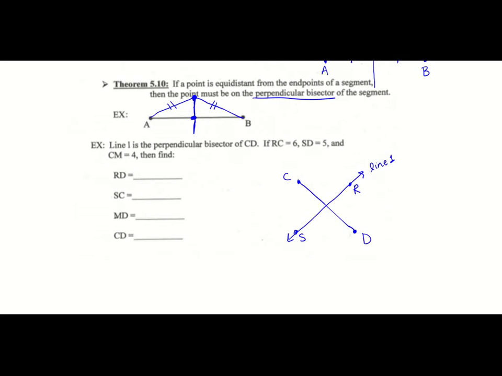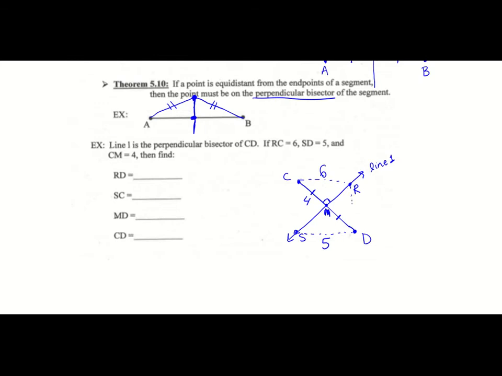So if it's the perpendicular bisector of CD, that tells me right away that this part is going to be the same as this part. I'm going to name this point in the middle M. And if it's perpendicular, I know this is 90 degrees. So if RC, right here, this distance, is 6, and SD is 5, and CM equals 4, it wants us to find the missing pieces.